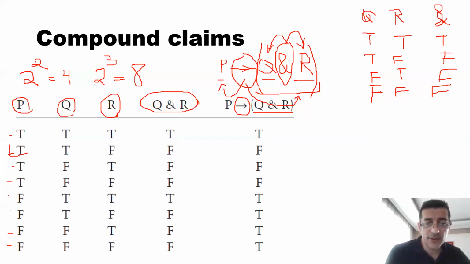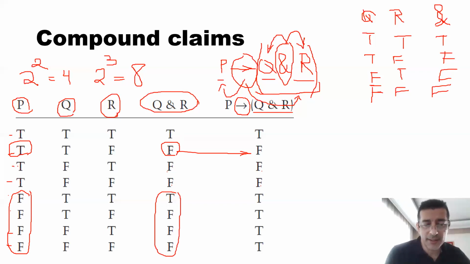You see, here it is true, here it is false, so definitely this is false. If both of them are true, it is true. If this one is true, but this one is false, then it will be false. If the antecedent is false, it doesn't matter what the consequent is, it will always be true.